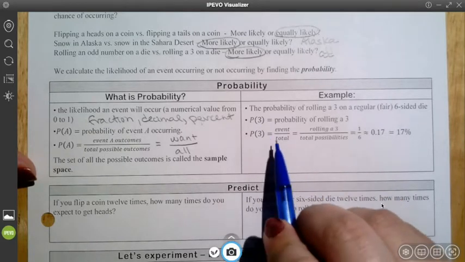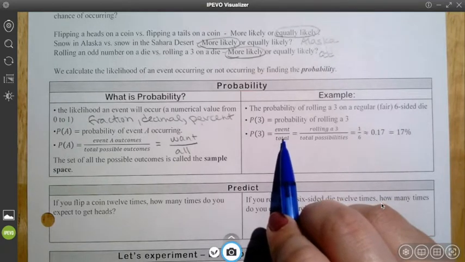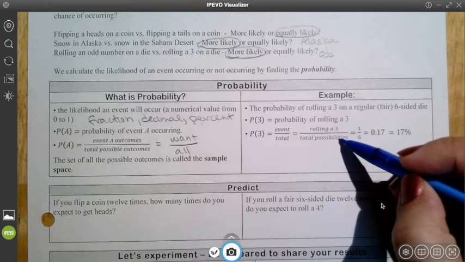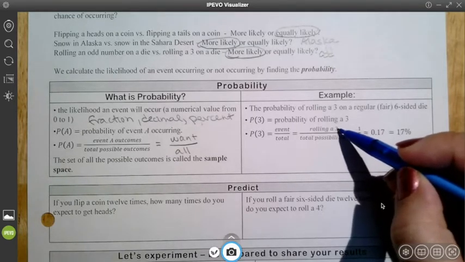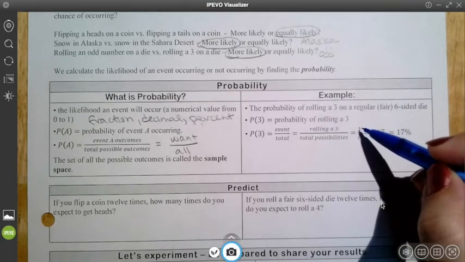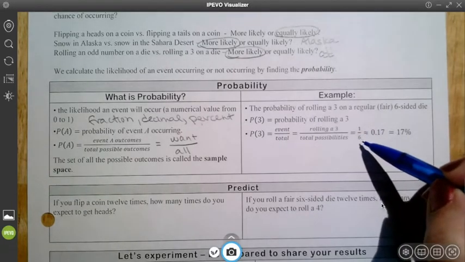And we want to know how many chances do we have to roll a 3, and how many options are there for our possible outcomes. Okay, so we want to know rolling a 3 versus all possibilities. Well, there's only one side of the die that has a 3, so there's only one outcome that gives us a success, but there are 6 sides of the die, and therefore there are 6 possible outcomes.